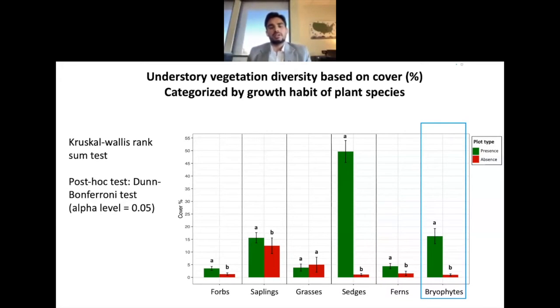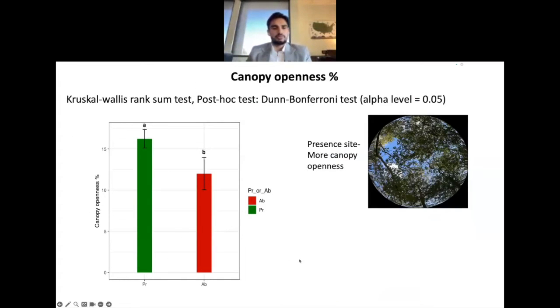And bryophytes, again, we saw a higher percentage cover in the sites where Bartonia, where Texas Screwstem, was present. So sedges and the bryophytes make the major difference between the sites where our species of interest is present and absent. Let's talk about canopy openness.